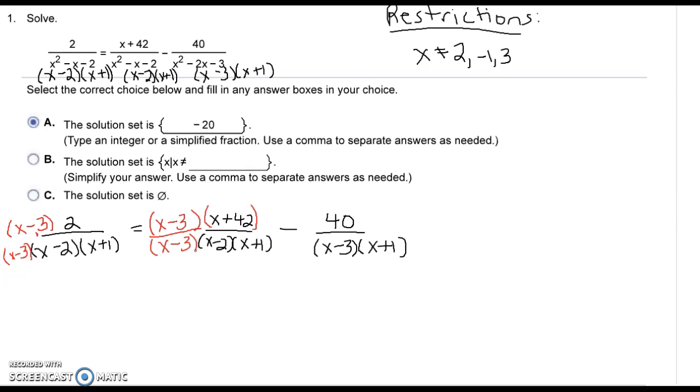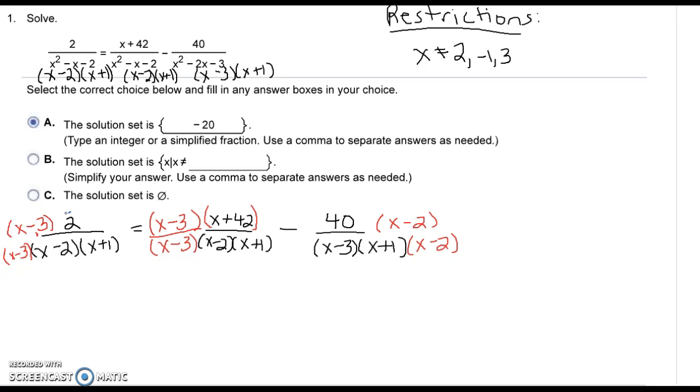And then the last fraction needs x minus 2. Okay, everybody has x minus 2, everybody has x minus 3, everybody has x plus 1. So we should be okay there. Now we just need to focus on the numerator so we don't have to write the denominators anymore. So let's see, let me change colors again.